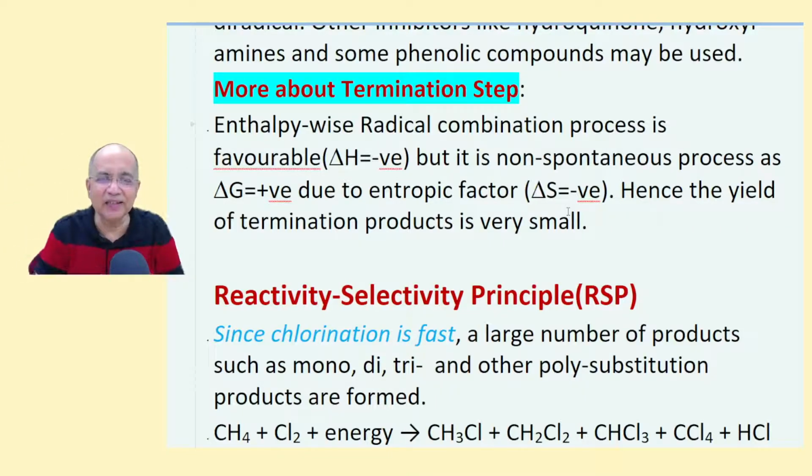So delta S is negative, and even if delta H is negative, due to the delta S factor, delta G becomes positive, and therefore termination step is thermodynamically unfavorable. The equilibrium constant is very low, much less than 1, but it happens. Therefore, the products formed in the termination step are very, very small in quantity.